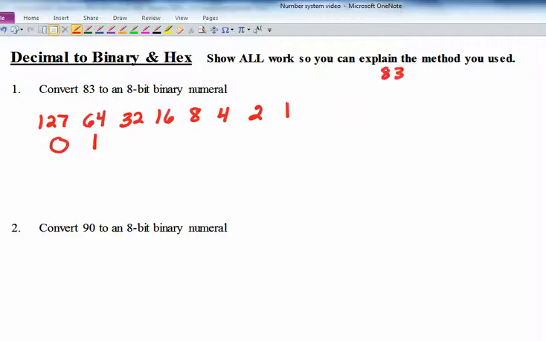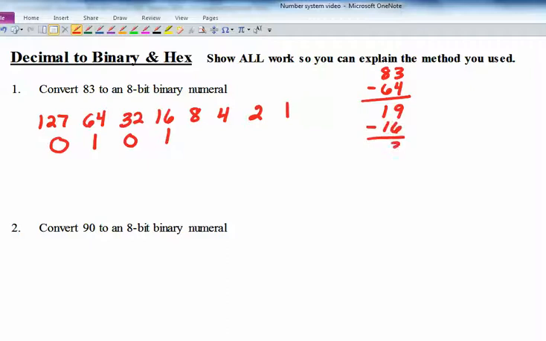You might do some scratch work over here, and we've already done a digit here for 64. So we would subtract here, and we'll find out that we have 19 yet to cover. So I have 0 groups of 32, but out of 19 I can do 1 group of 16.